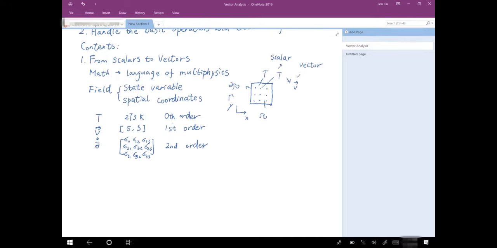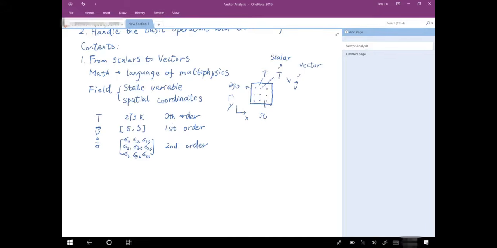It looks different. However, the object does not change. So the vector itself does not change. However, the representation of the vector or tensor will look different if you choose a different coordinate system. So that's another thing that we want to know about scalars, vectors and higher order tensors.